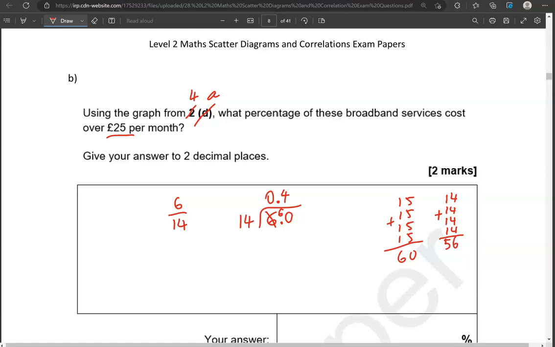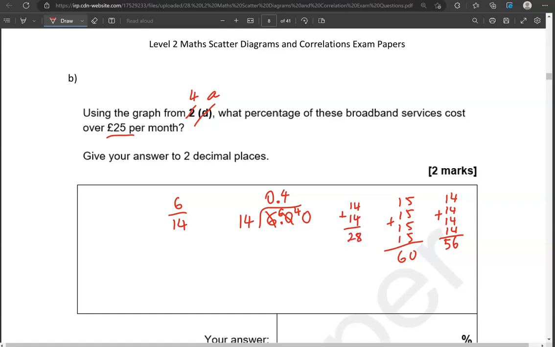So now 60 take away 56 gives us 4. So we have 4 remaining here. And again we can add a 0 there. So how many 14s fit into 40? So we know 14 and a 14, that is 28.